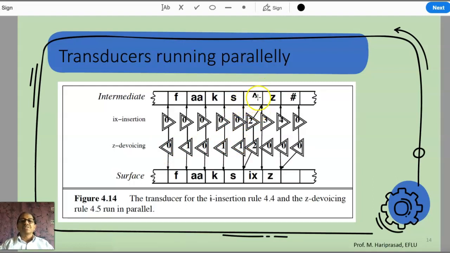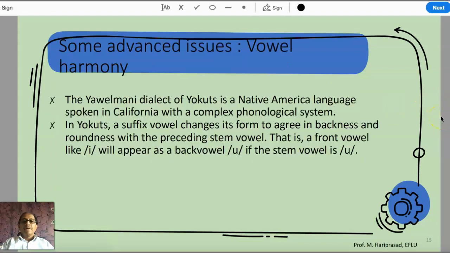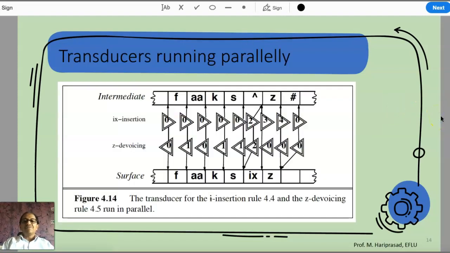The morpheme boundary should go empty, and then z has to change to s by the transducer, right? So the morpheme boundary changes to 0 here. It will not change to e.